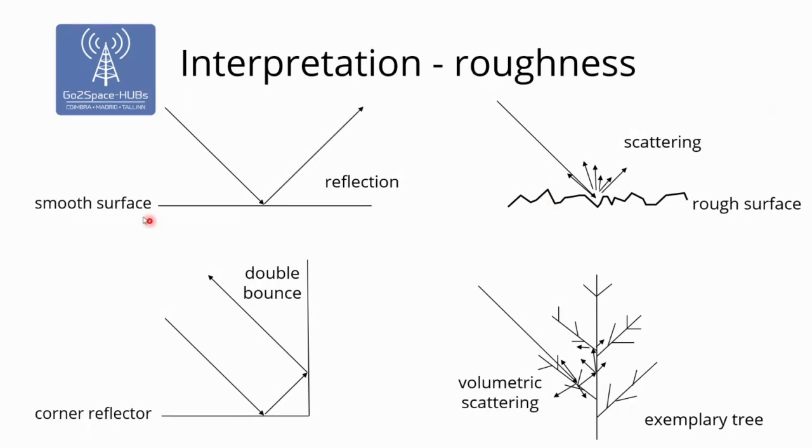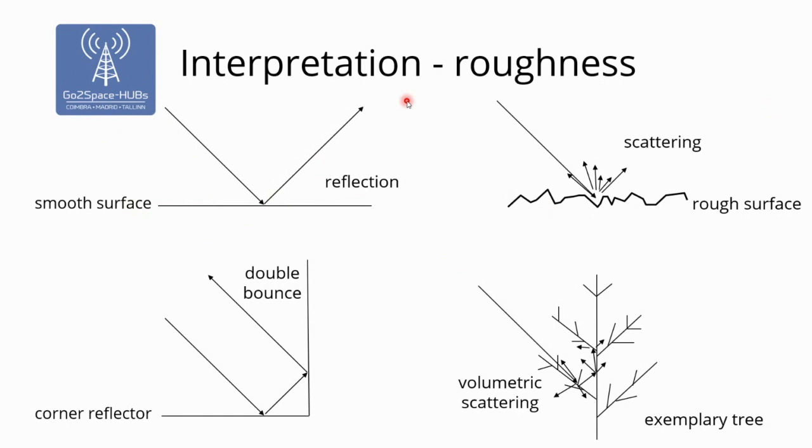So when we have a completely smooth surface, let's imagine water, which is a very good conductor, it reflects 100% of the radio waves, but because it's smooth, it will be reflecting them in completely the wrong direction.